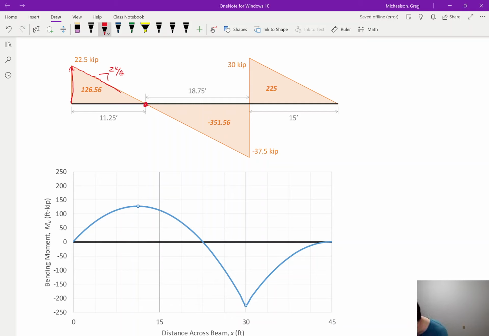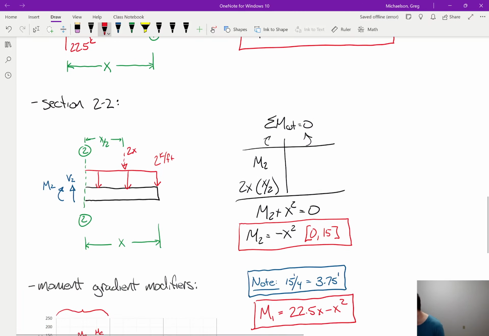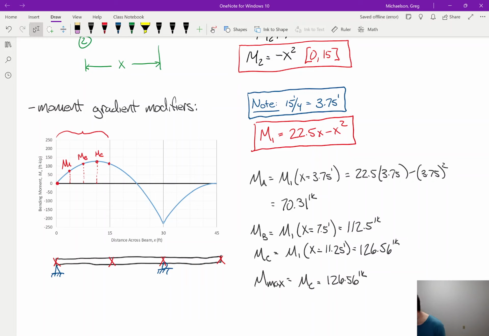And we cross 0 at 11.25 feet, which happens to be where we calculated MC. If I erase right here, you can see on the diagram that little dot, which is the maximum moment within that segment. So Mmax happens to be MC, which is 126.56.